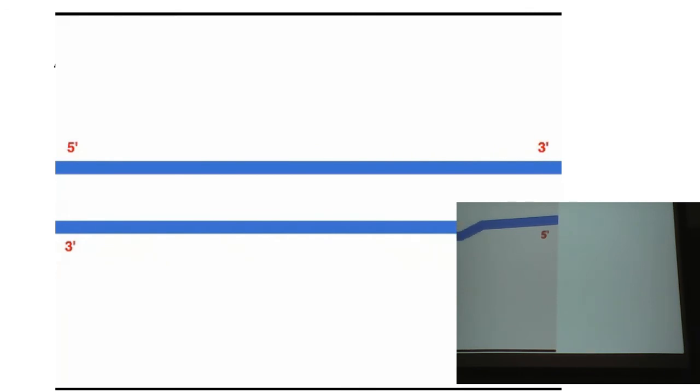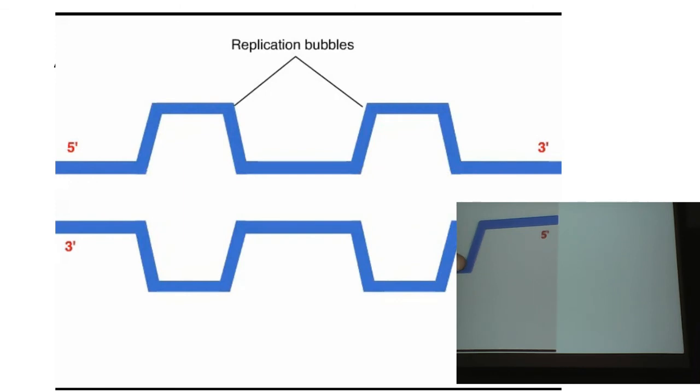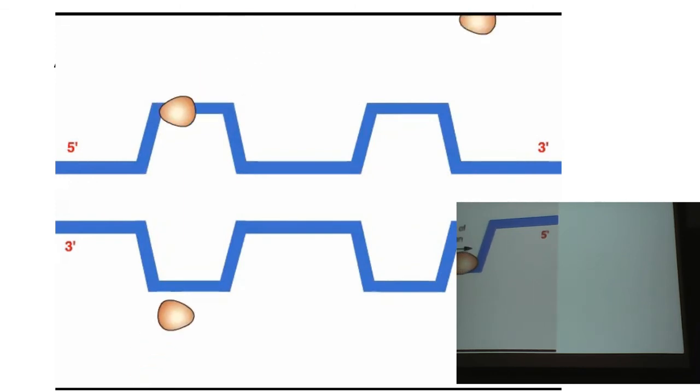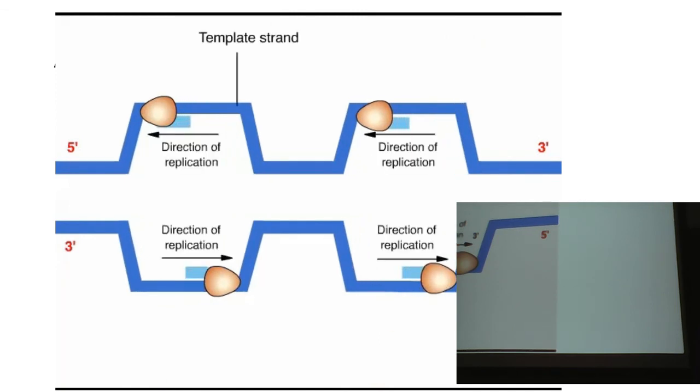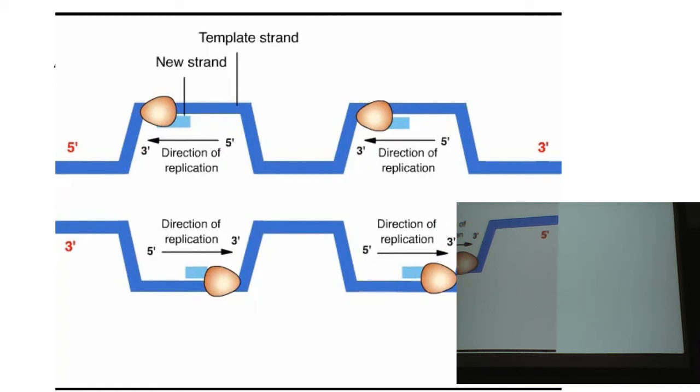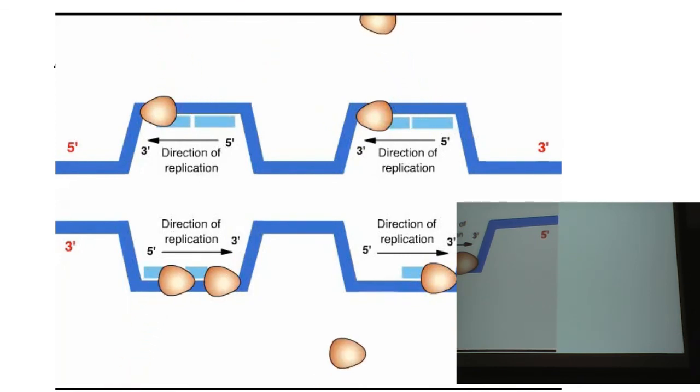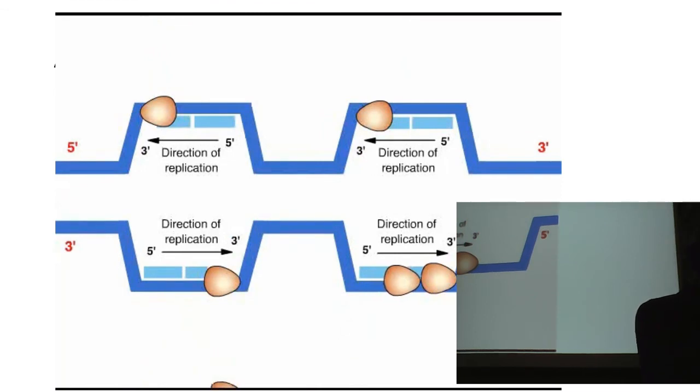DNA replication begins at specific sites called origins of replication. Proteins attach here and separate the DNA strands, forming replication bubbles which grow in both directions. Enzymes called DNA polymerases move along the template DNA strands and catalyze the elongation of new strands. Because DNA polymerases can only assemble new DNA in the 5' to 3' direction, only half of the new DNA can be synthesized in one continuous piece.